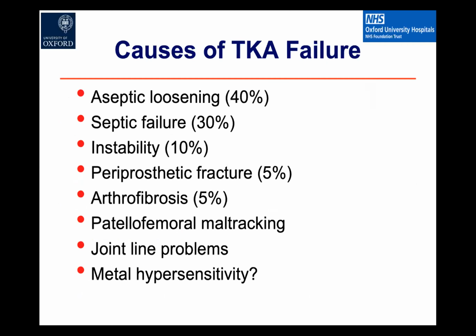Instability can be due to poor offset, the posterior condylar offset, and not balancing your gaps. Periprosthetic fractures can occur in the supracondylar region, for example, due to notching and again poor referencing. And then you have patellofemoral maltracking problems and joint line problems, which we discussed.